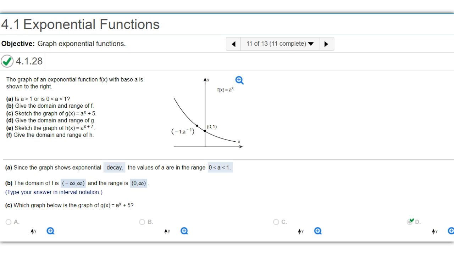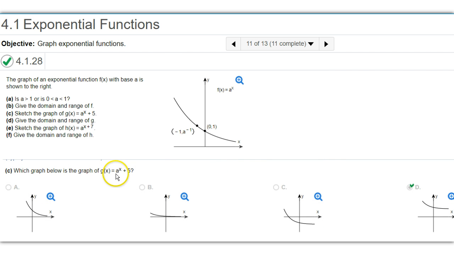All right, for letter C. Now here they're asking which graph below is the graph of a to the x power plus 5.